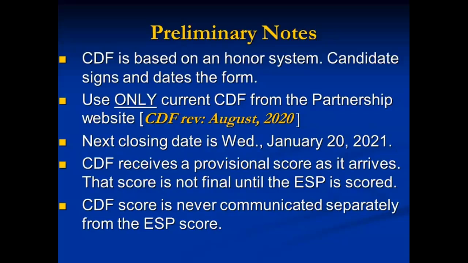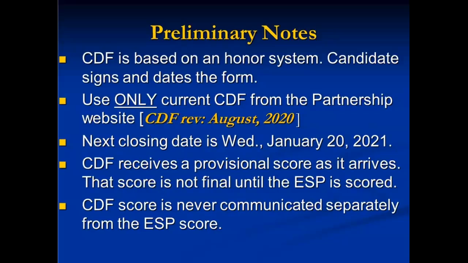It's very important that you only use the current data form, the CDF, that you'll find in the partnership website. And I'm going to show a little later a screenshot of where that's located on the partnership website. That candidate data form is refreshed frequently. Not every year.